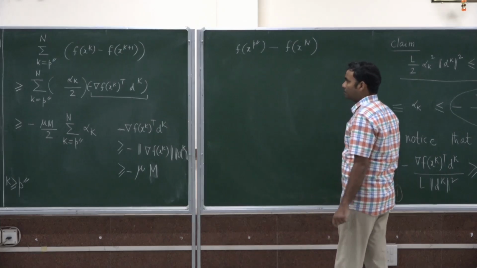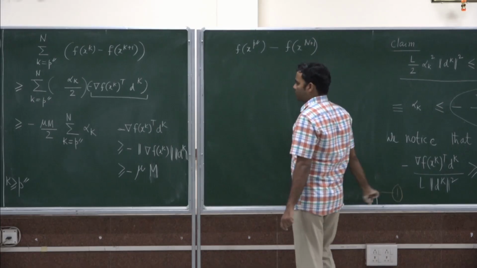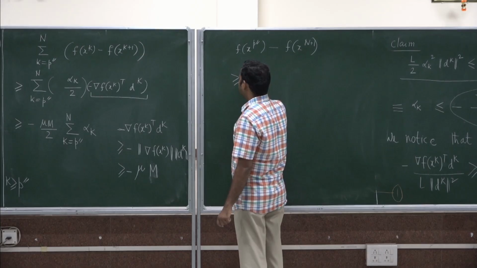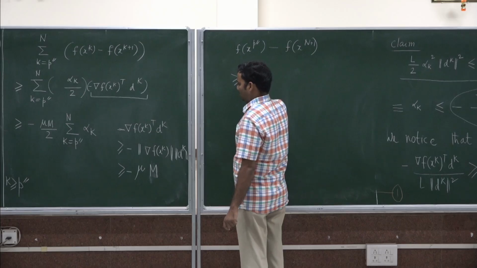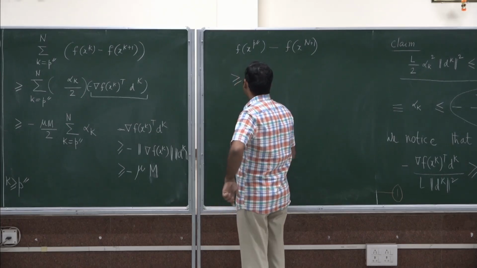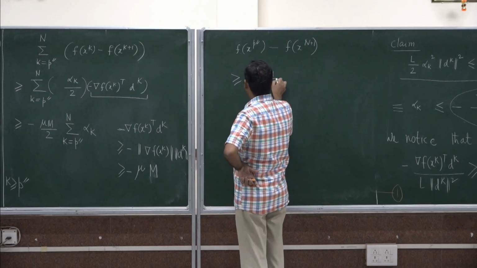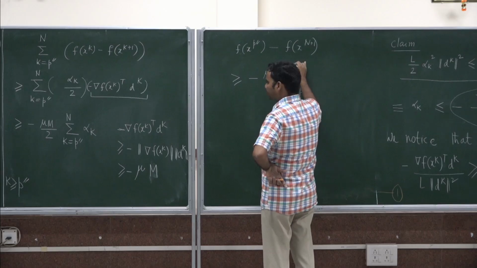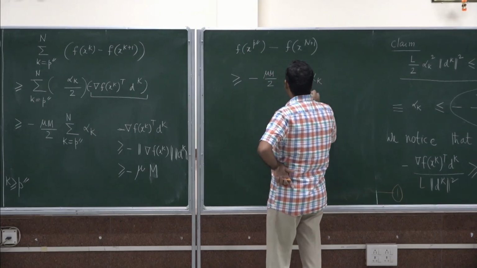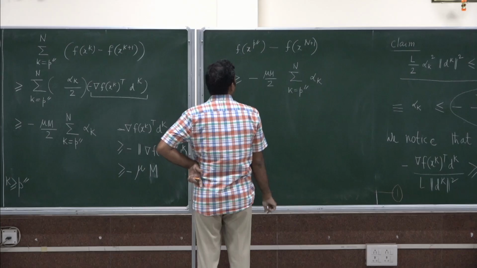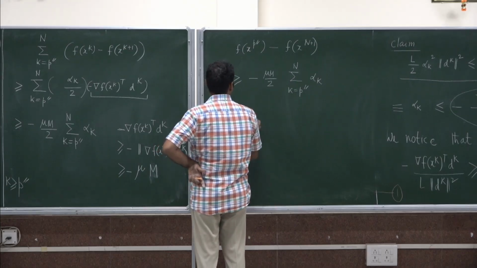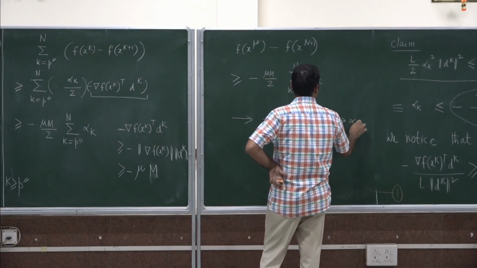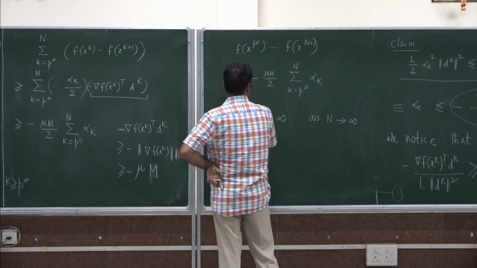Fine, this plus 1 is greater than or equal to mu M by 2 times the sum from k equal to P double dash to N of alpha k, and this sum goes to infinity, so this goes to negative infinity as N tends to infinity, or this part we will take later.